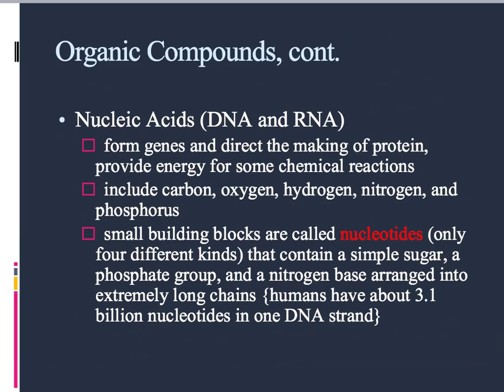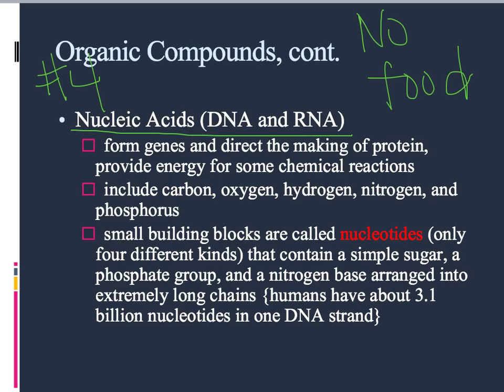The final thing we're going to talk about is our last group of organic compounds. So this is number 4, and these are nucleic acids. The interesting thing about nucleic acids is they do not come from food. You cannot get your DNA out of a hamburger, for instance. You can get fat, carbohydrates, and proteins from food, and in fact you do. That's why you eat.